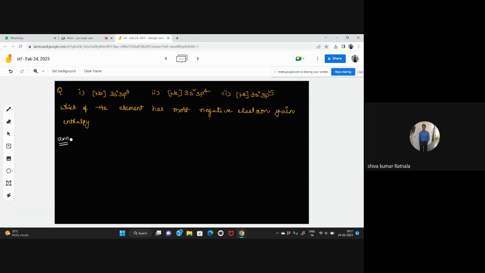Why? Because it has more electrons, then more negativity. It is having more protons, so it will easily attract. Neon 3s2 3p3 means what is the configuration? Which element is it? Sir, 3p3 plus 10 is 13.